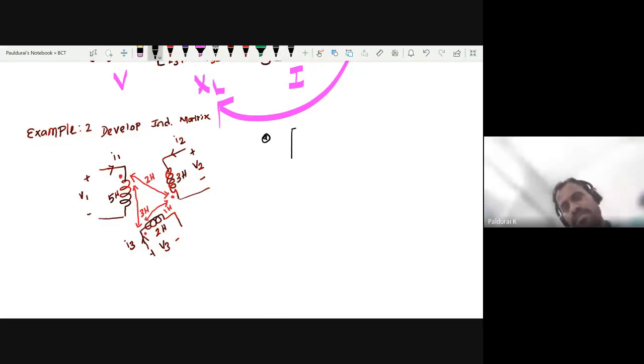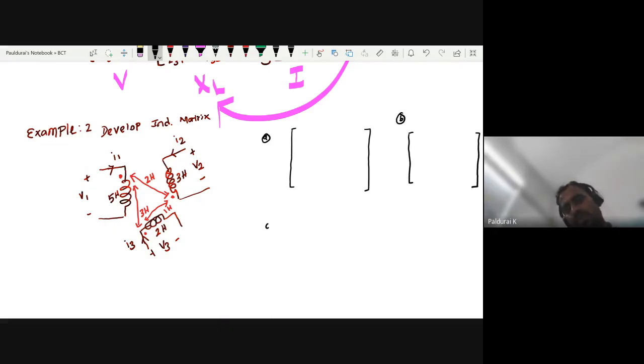The options are: just to develop the inductance matrix and let me know the option. Okay, I will give 4 options for you people. Just to develop it.